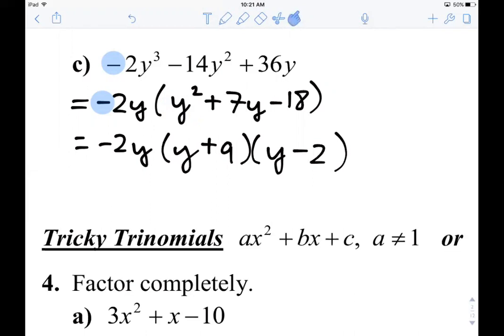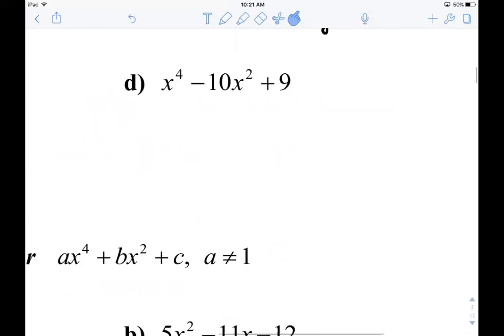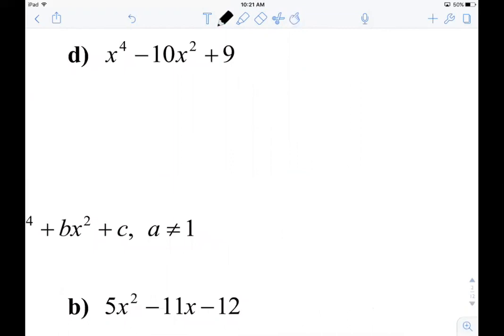And let's see one last one where the exponents are twice what we would normally see for these simple trinomials. So here we've got x to the power of 4 and then minus 10x squared plus 9. So again, it's just like we're dealing with a regular trinomial, except our x variables have double the exponent that they usually have.